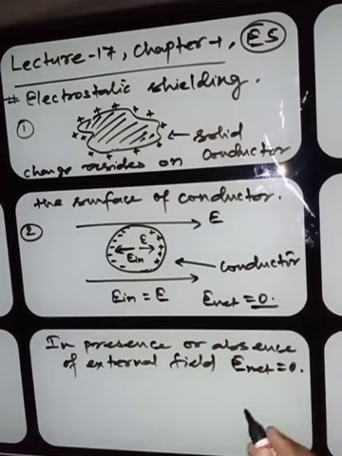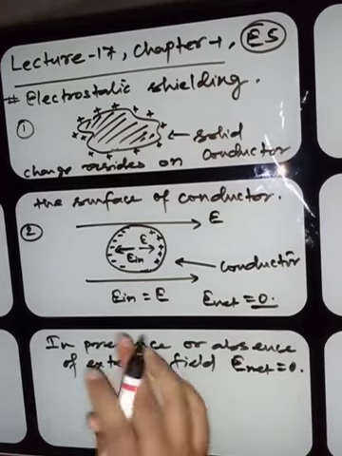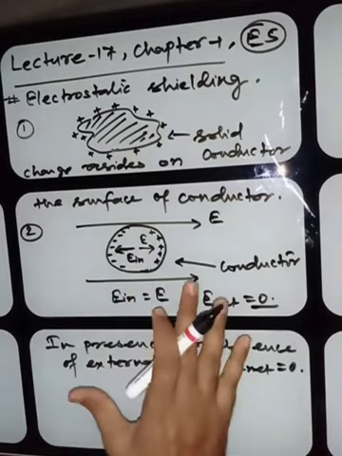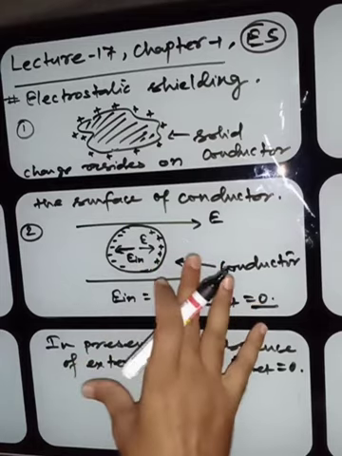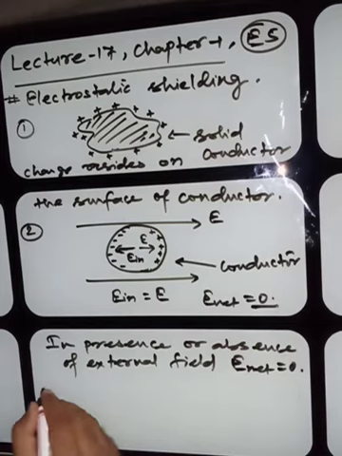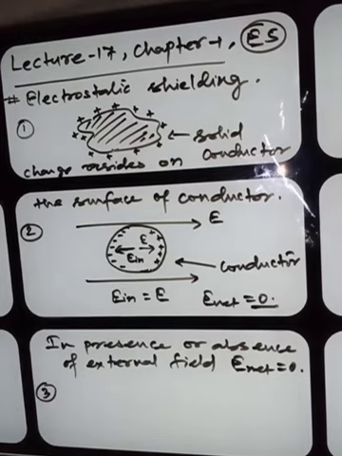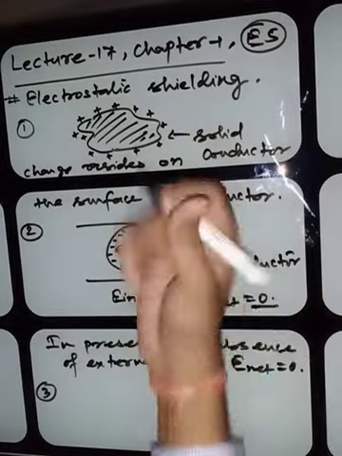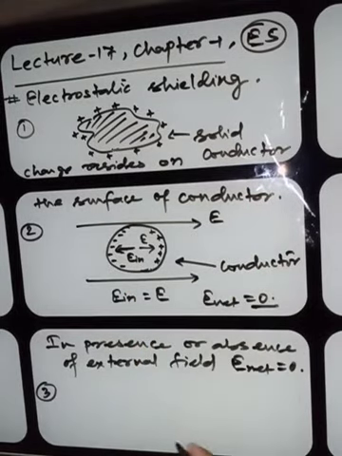Try to remember this point. E net must be 0 whether the external field is present or absent. Now the third point about the conductor. We are facing here the concept of electrostatic shielding, students.